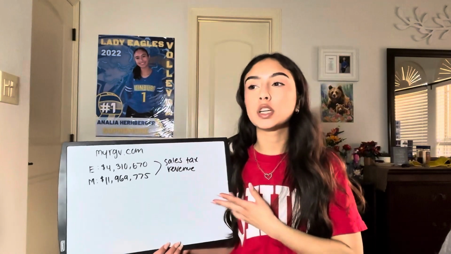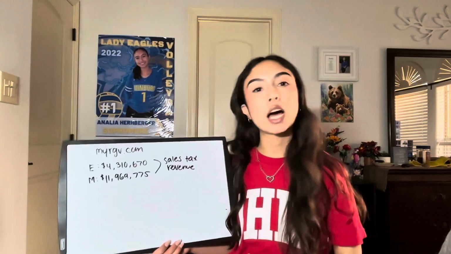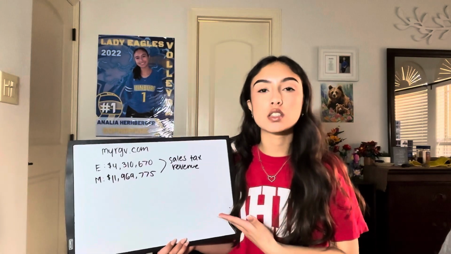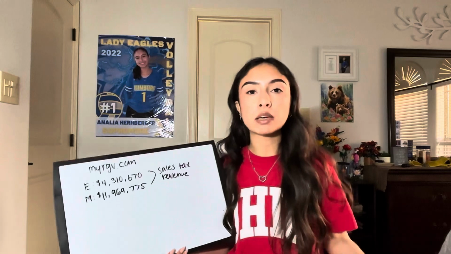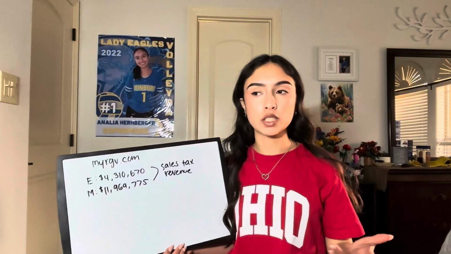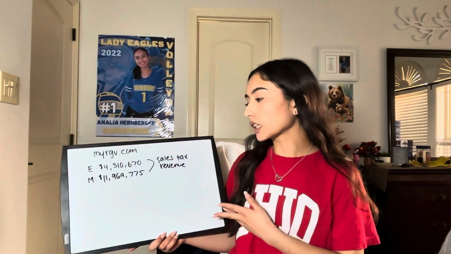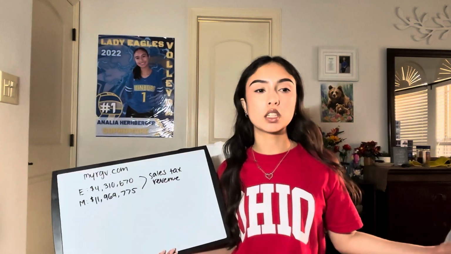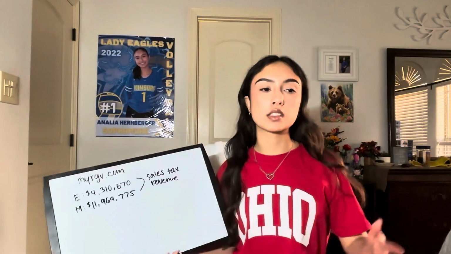By these numbers, you can kind of tell that maybe McAllen small businesses do get more sales, and they might get more income because it's relatively a larger city, and they gain more sales tax revenue. There could be more sales in McAllen small businesses compared to small businesses in Edinburgh.